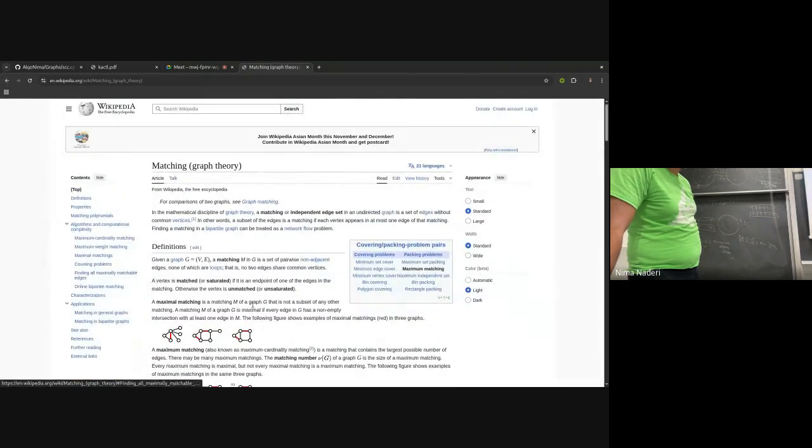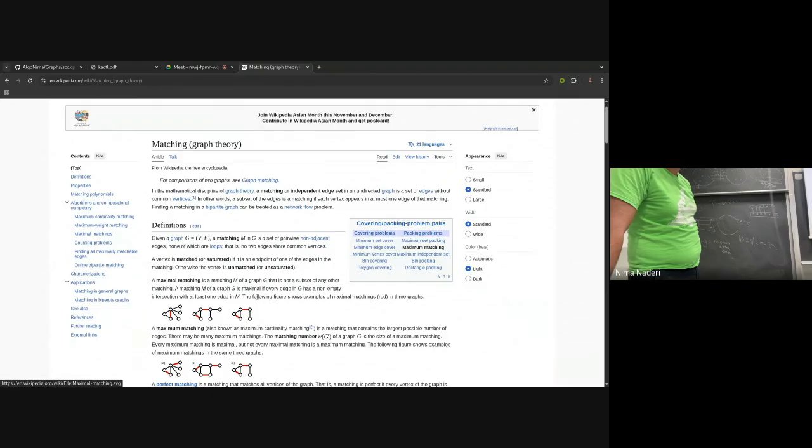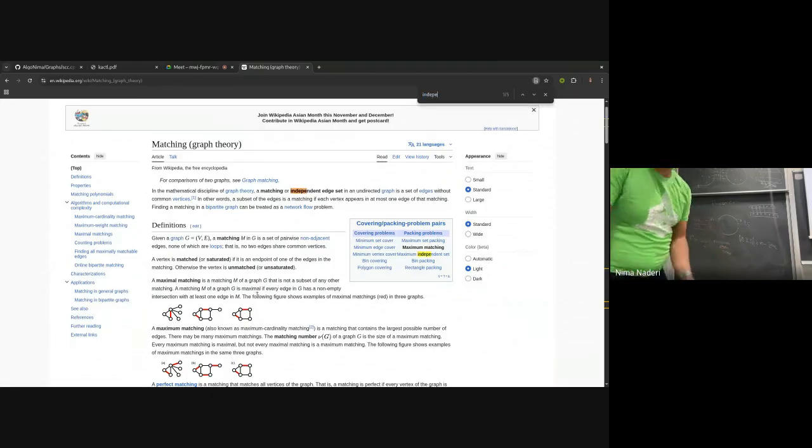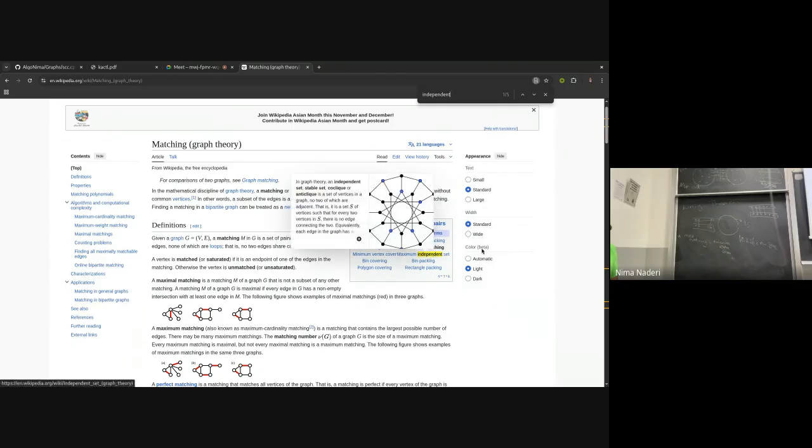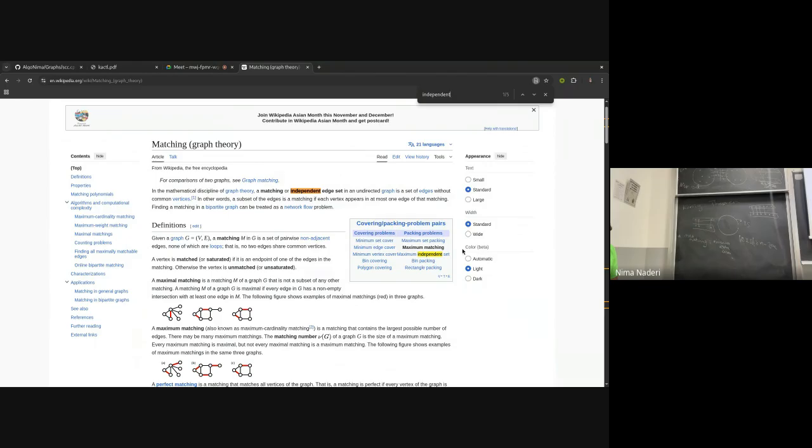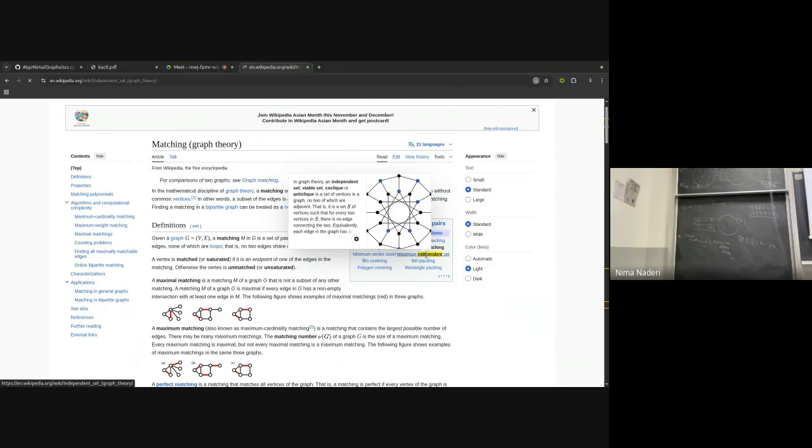Oh, it's minimum. No, wait. It's not different. Independent vertex set, I think it should be. Not edge set. Yeah, okay, for matching.